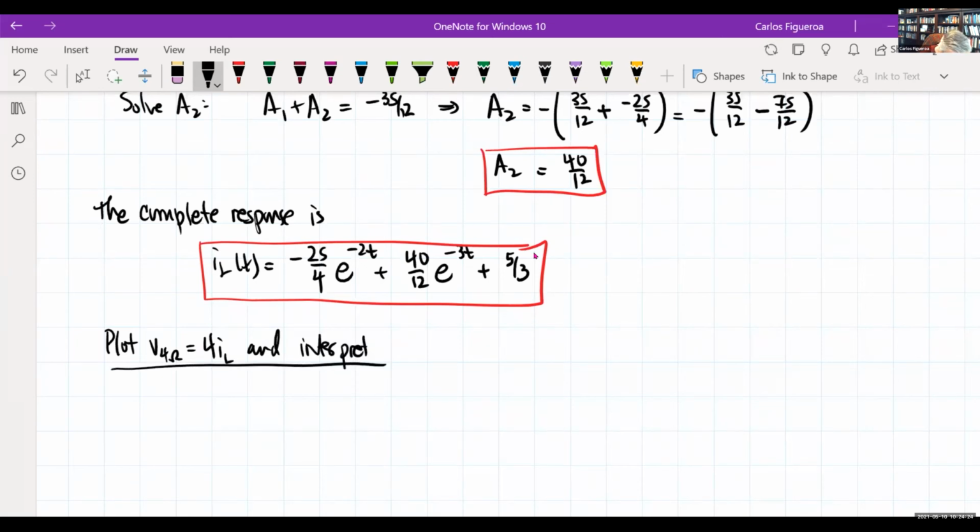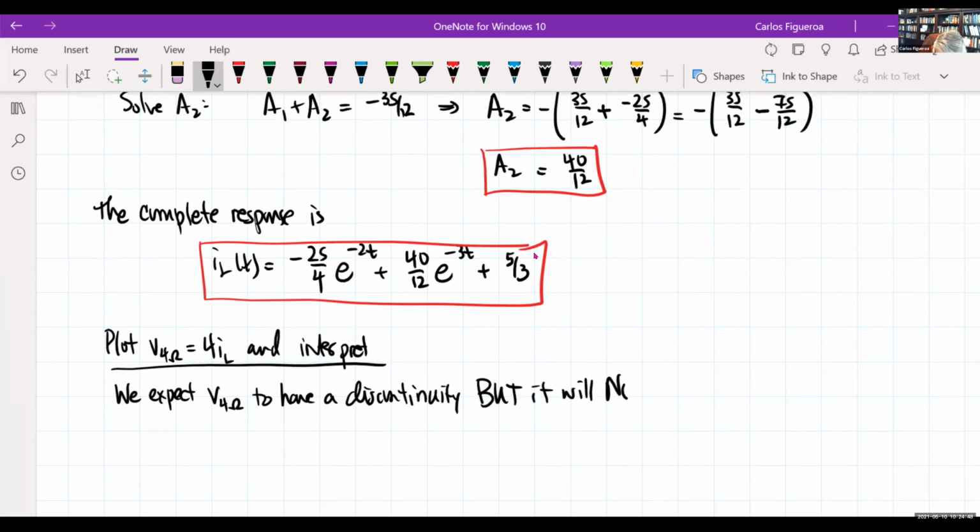So what we see here is that we expect V4 ohm to have a discontinuity. But it will not happen.